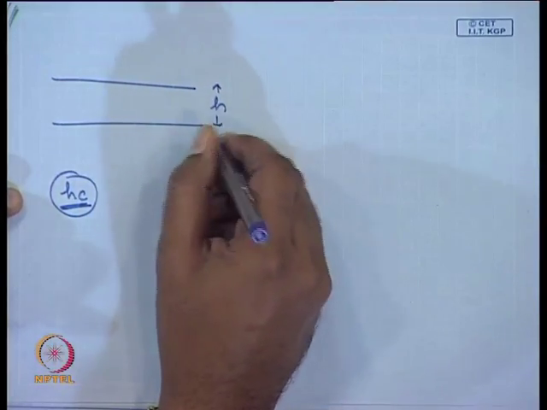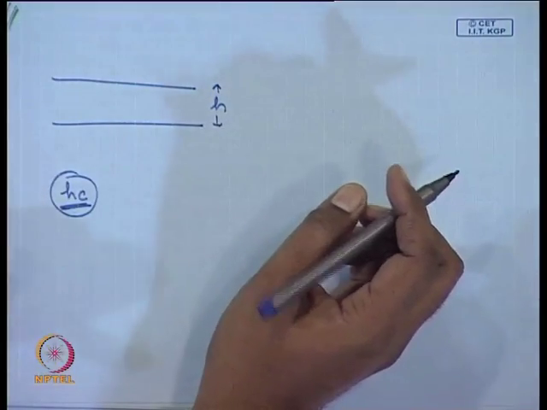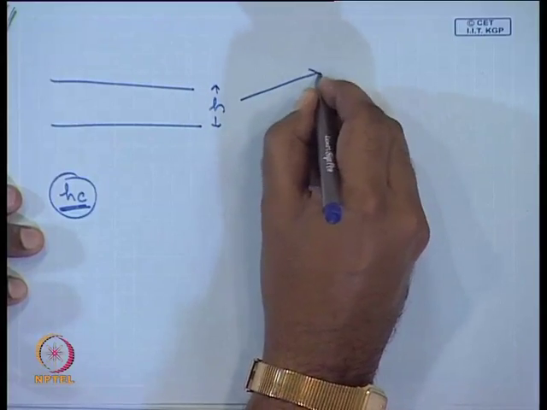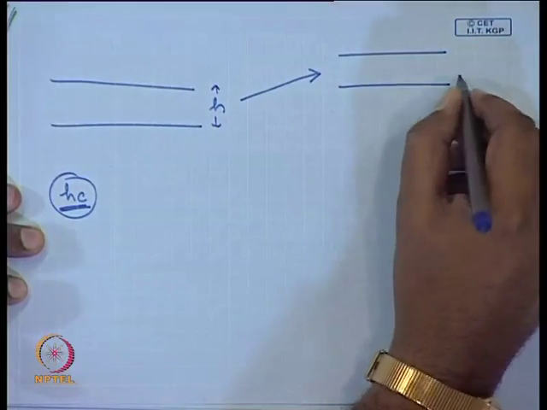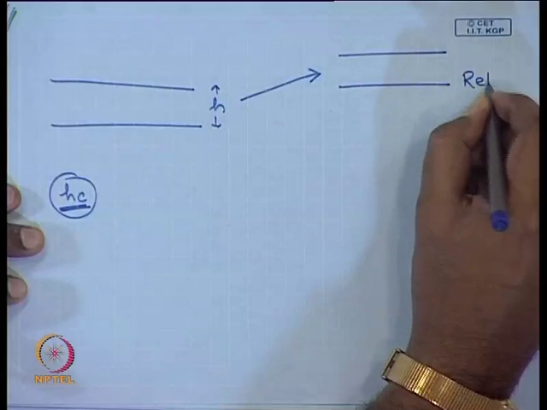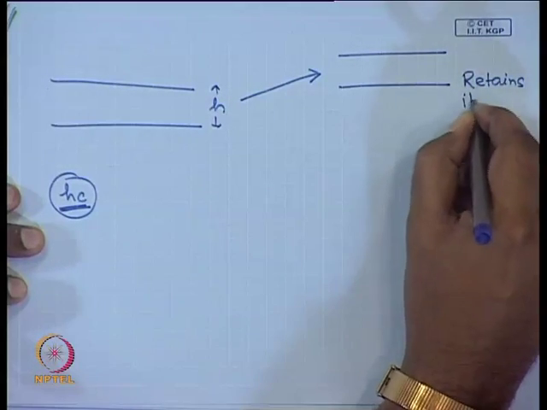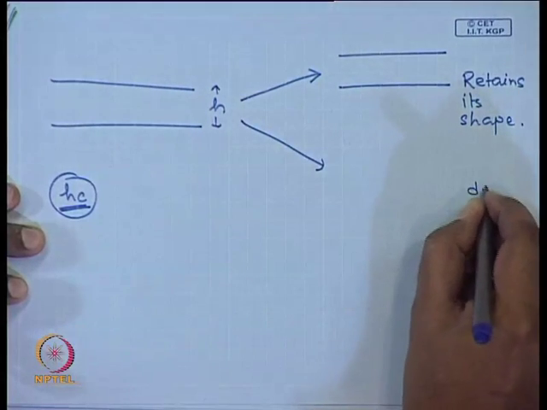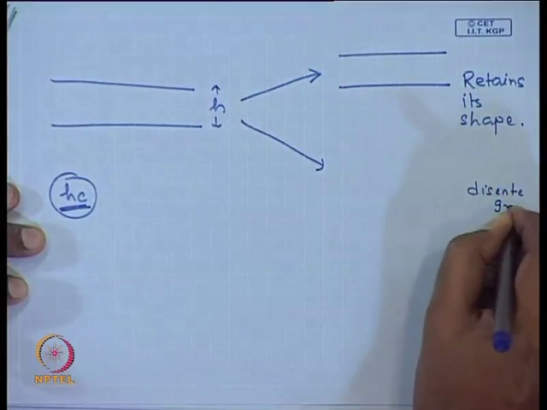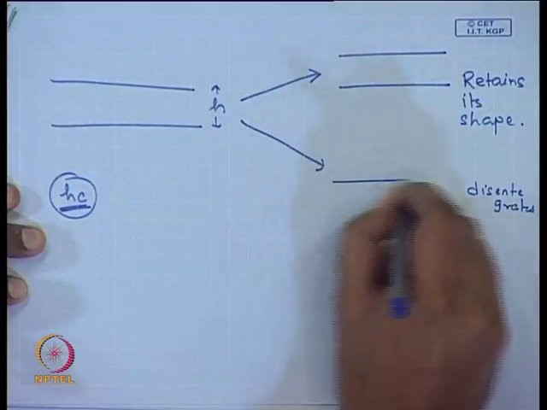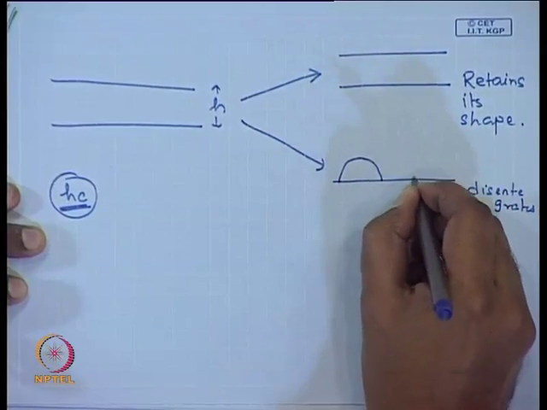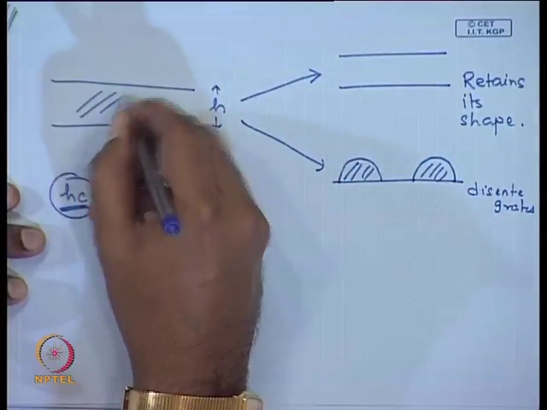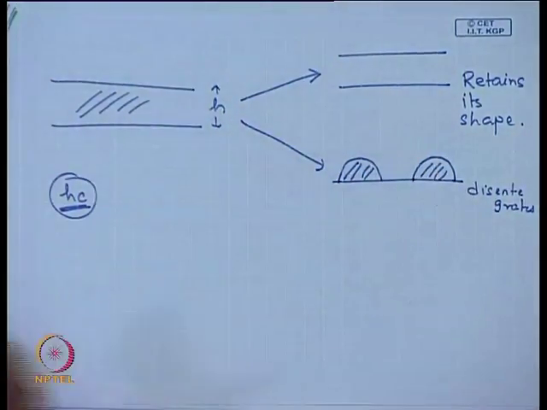The critical thing of our interest is whether, with time, this film retains its shape or disintegrates. If a film disintegrates, it can form structures like this: the film material disintegrates and forms isolated patches or something like that.